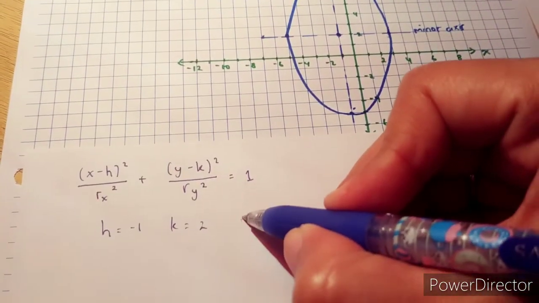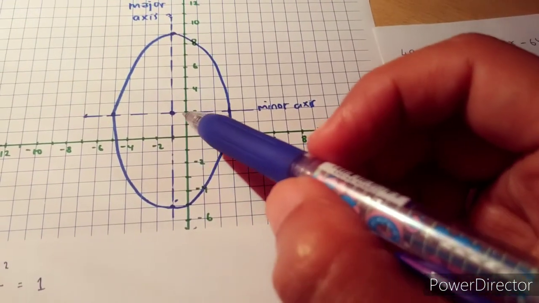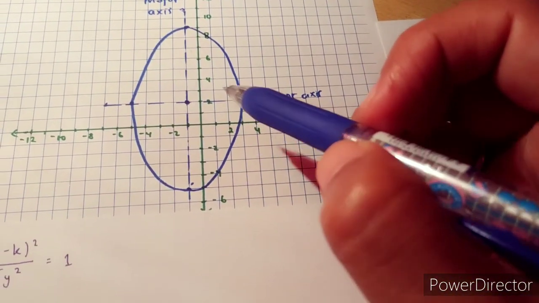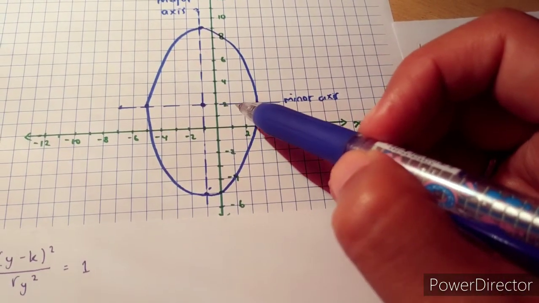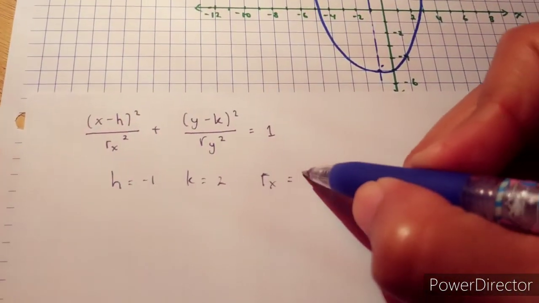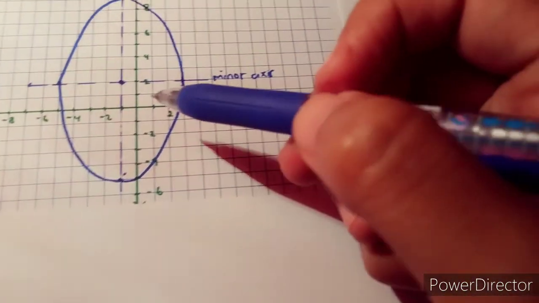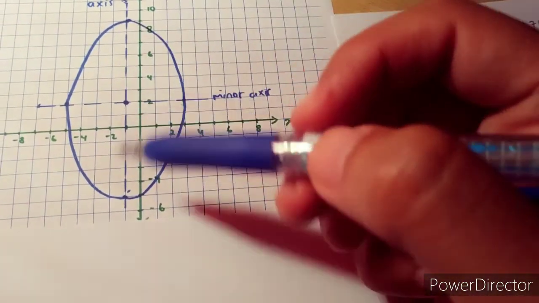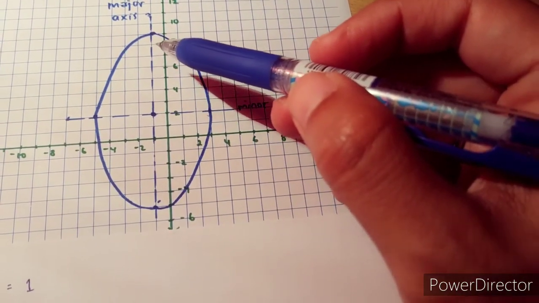And then the Rx, or radius x, is the distance from the center to the right edge or from the center to the left edge. Let's count it: 1, 2, 3, 4. So it is 4. And then the Ry will be equal to the distance from the center to the top edge or the bottom edge: 1, 2, 3, 4, 5, 6, 7.